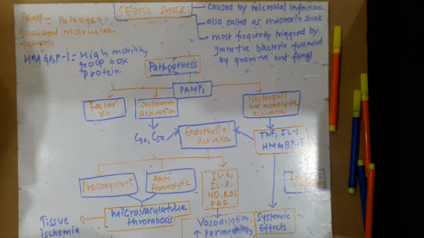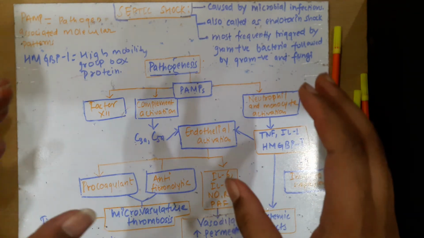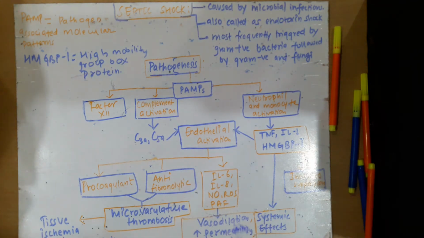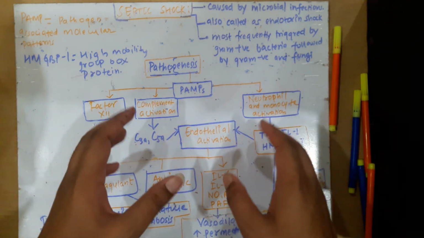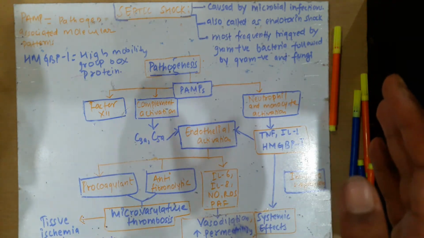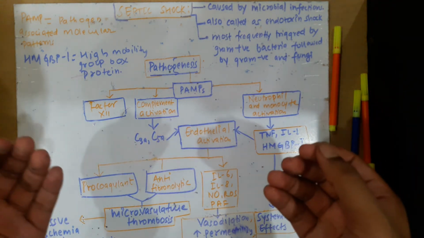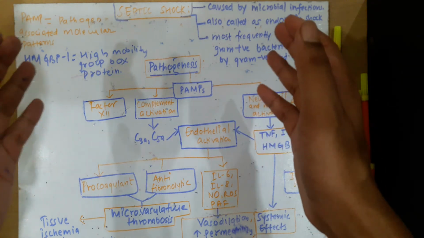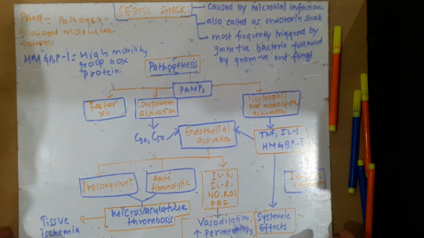Okay, now the video is turning out to be quite long, so till endothelial activation we discussed. Now we'll continue in the next video. We'll discuss what happens when endothelial activation is done, and then we'll also write the points. Okay, so clear up to here.